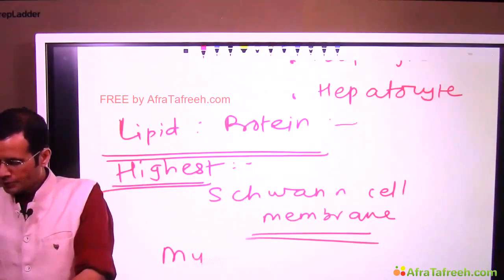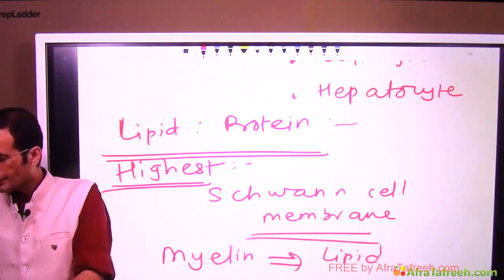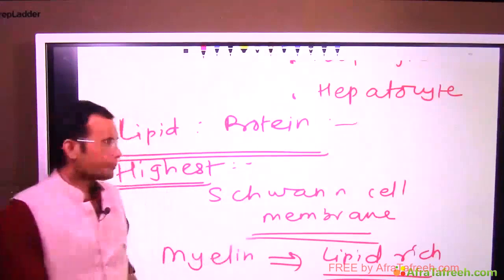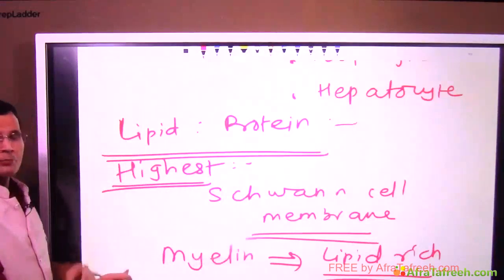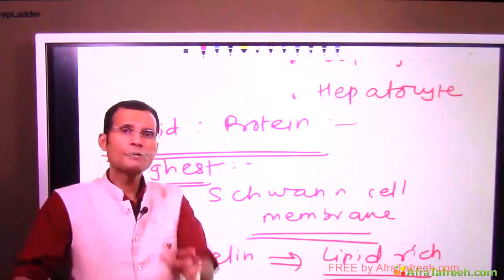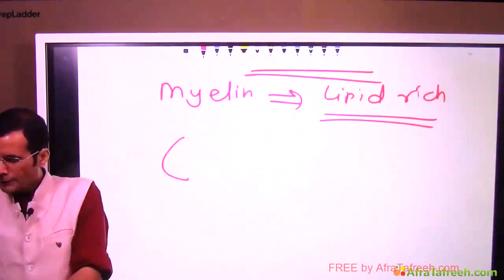Therefore you must remember this, myelin is lipid rich. It's very heavy in lipids, and to make you remember this, I will give you an example. So I'll write the example in the bracket.